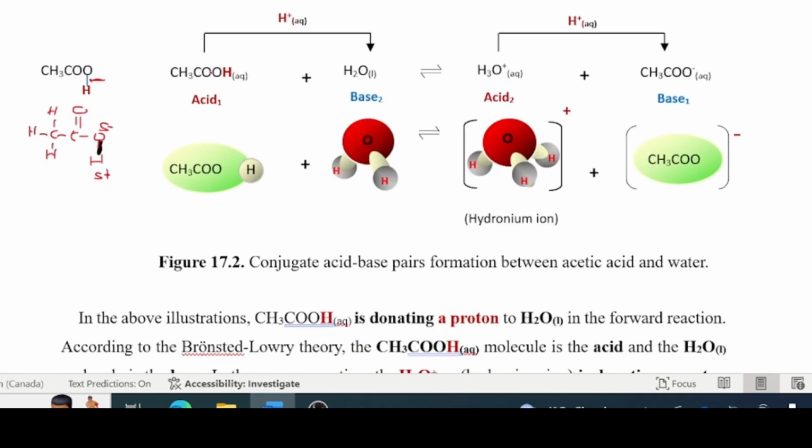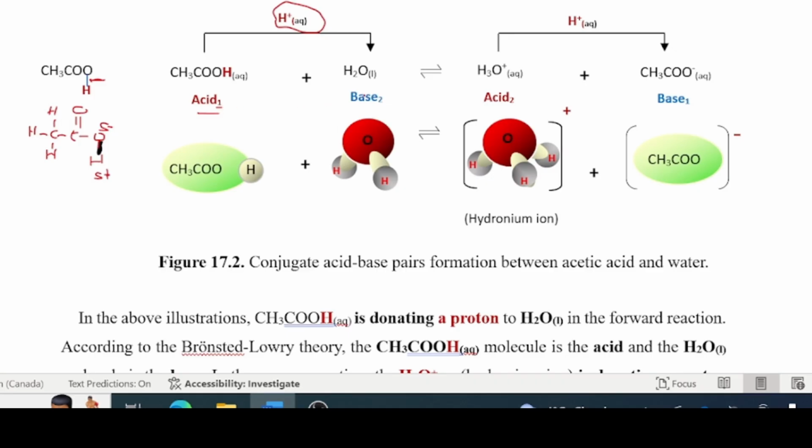If you have acetic acid or ethanoic acid in water, this is the theory. According to the Lowry-Bronsted theory, the acid here, which is ethanoic acid or vinegar acid, will donate a proton to water. Because this has donated a proton, it is called an acid, and we call it acid 1 for now.